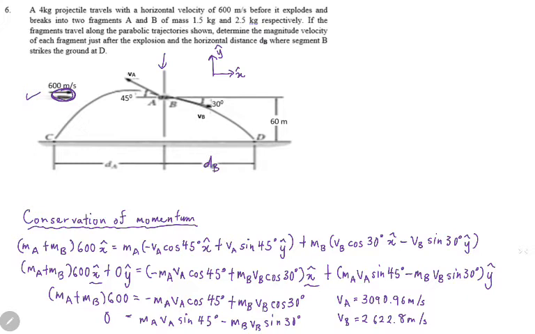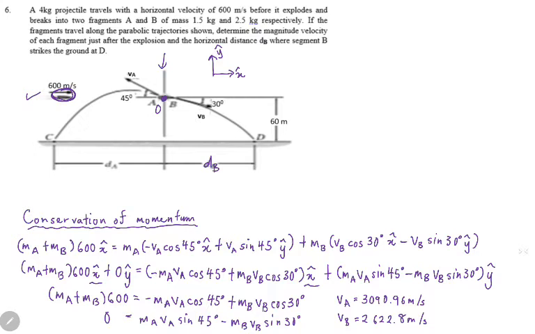So for the next part of the question, we're just looking at the fragment of mass B. What you can do with this is use your projectile motion equations and consider where the fragments start to separate as the origin. So it has a launch velocity for fragment B. Then you list down your initial information.